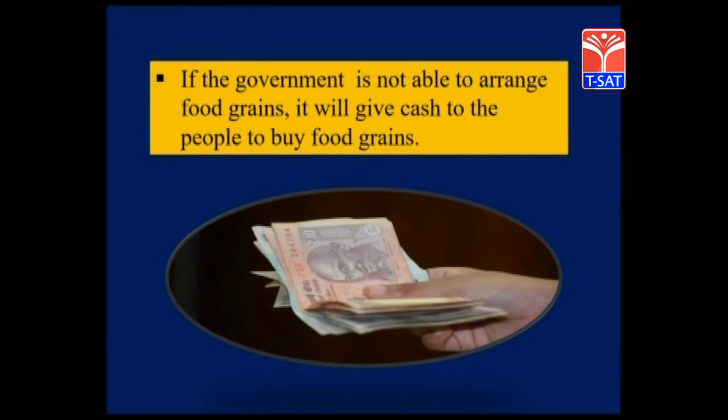Children, if the government is not able to give them the food grains, the other option the government has is to give cash to the people to buy the food grains from outside.